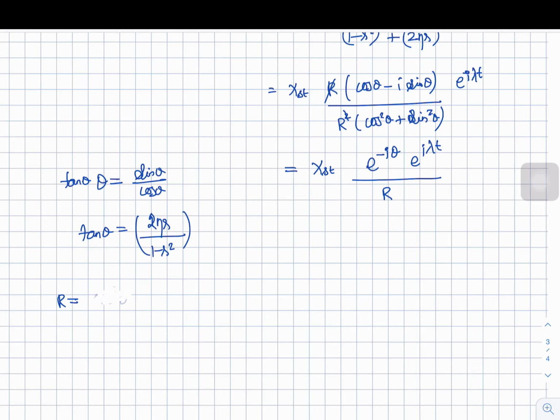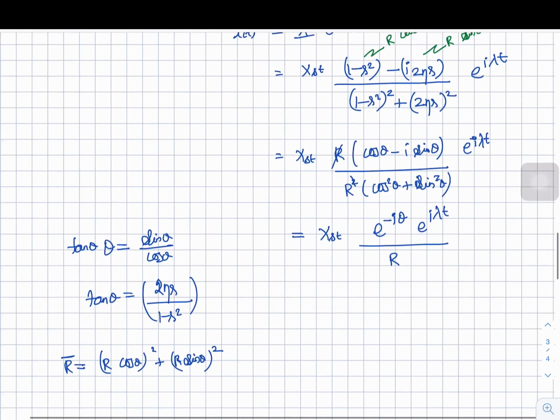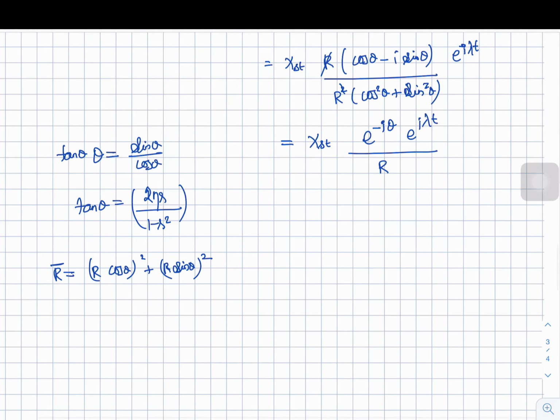Where r is the radius, so radius equal to square root of (r cos theta) whole square plus (r sin theta) whole square.